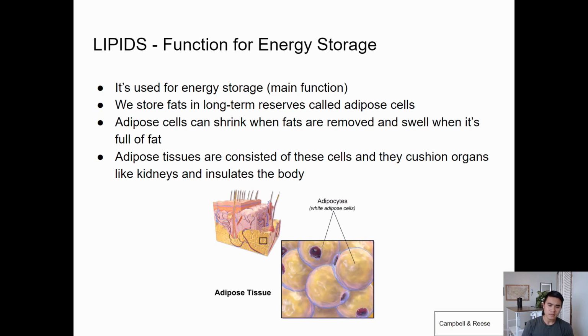Let's talk about adipose tissues first before I move on. Adipose tissues consist of these cells, and they cushion the organs like the kidneys and insulate the body. So you have a bunch of adipose cells which ultimately form adipose tissues, or fat tissues, that cushion organs and insulate the body.